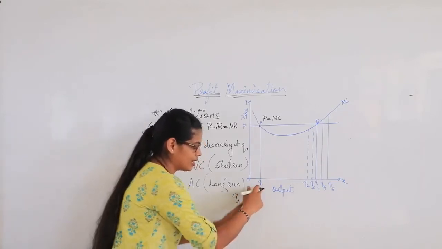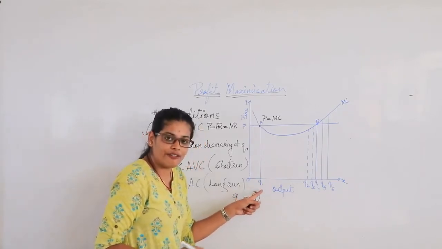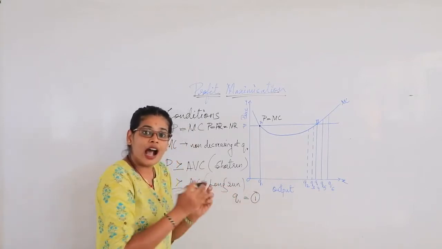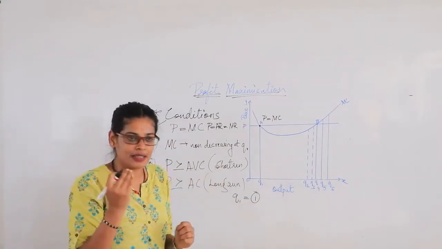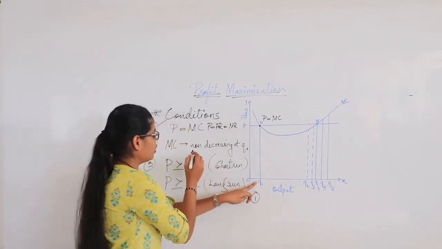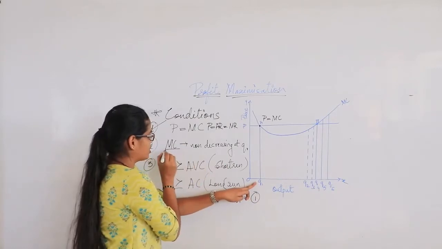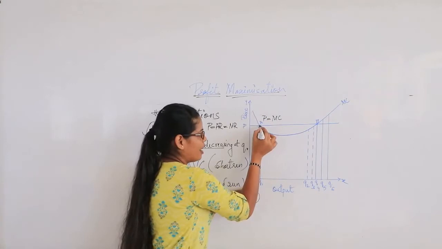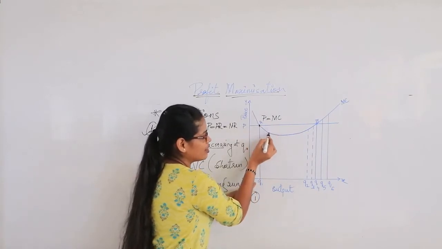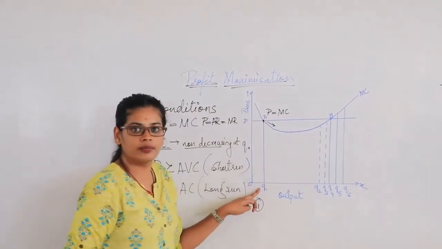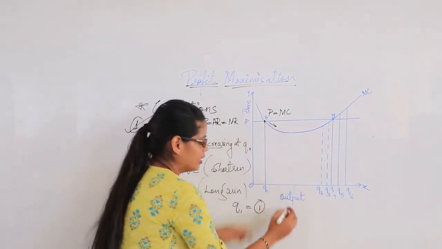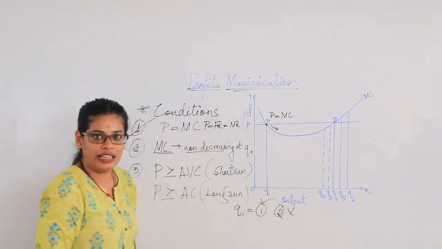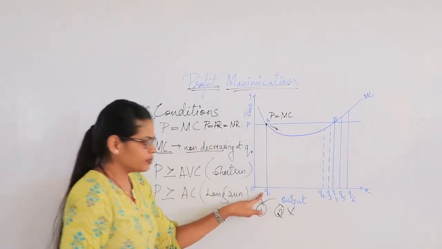If we consider this as the level of output at which our firm makes maximum profit, then they are saying the marginal cost curve should not be decreasing. If you see here, after this point the marginal cost curve is decreasing, so the second condition is not satisfied at this point.